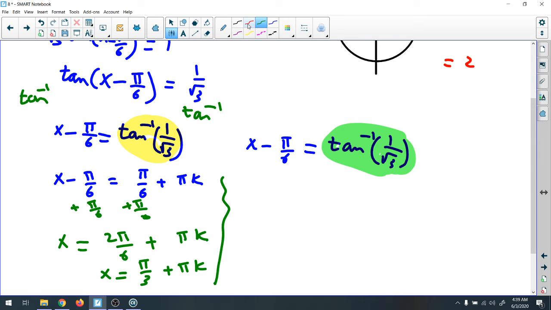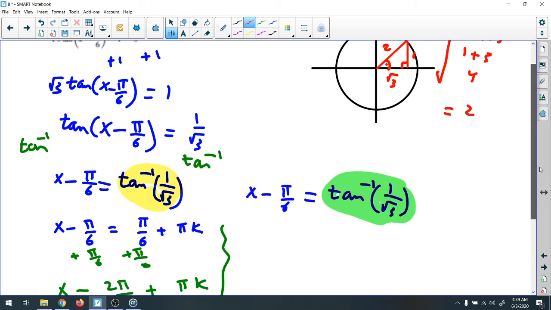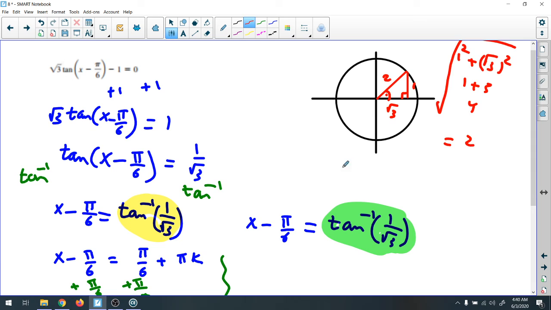The second solution: x minus pi over 6 equals tangent. As we mentioned, positive tangent should be in the first quarter or in the third quarter. So here is our second angle.